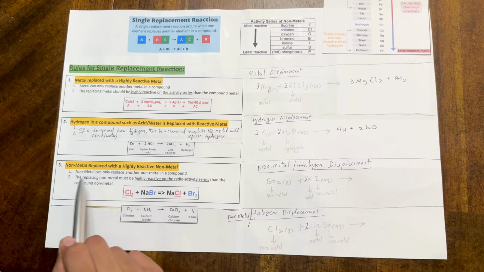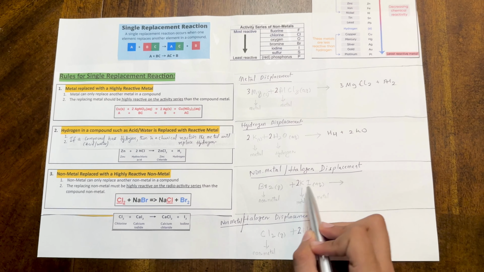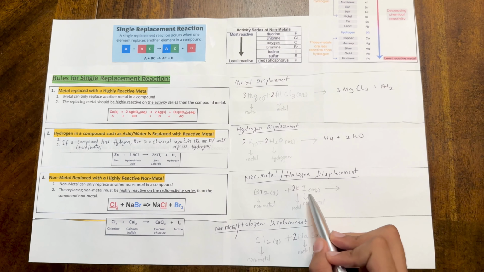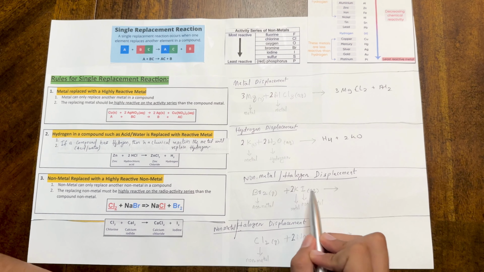So we have bromine, potassium, and iodine. Bromine is a non-metal and iodine is also a non-metal, but potassium is a metal. So potassium stays, but iodine and bromine are the ones that are going to be switched up.